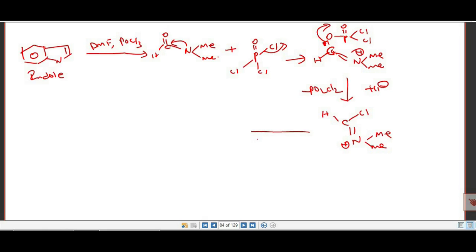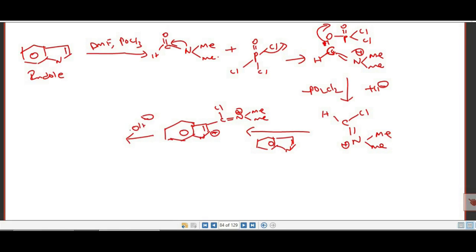Now you add indole, the reactant. You will get N plus here, Cl, N plus Me. Again, treating with NaOH, what happens?